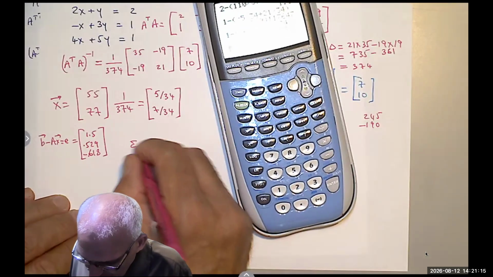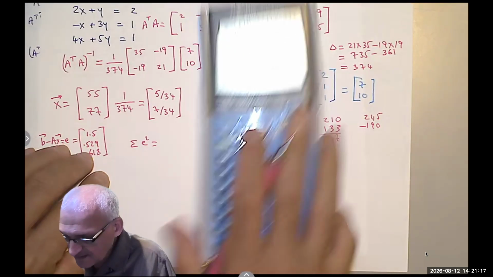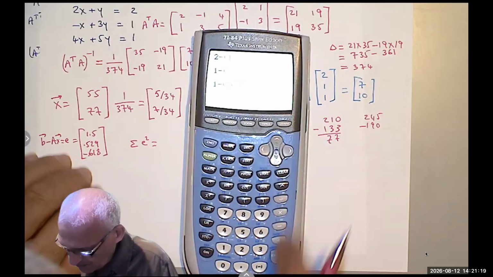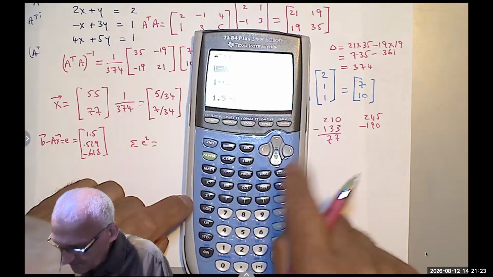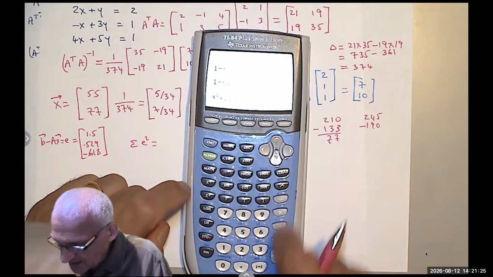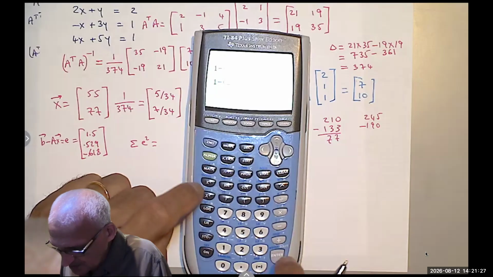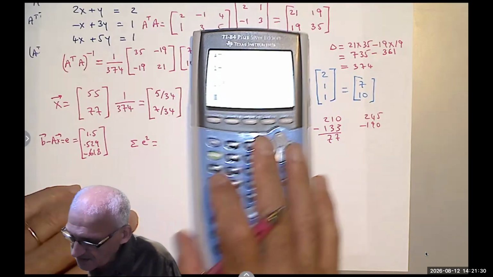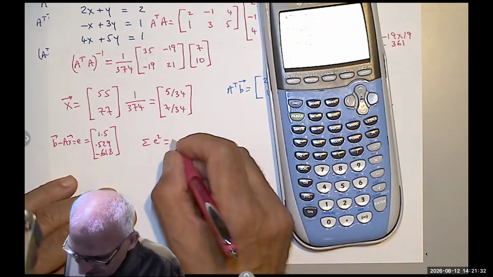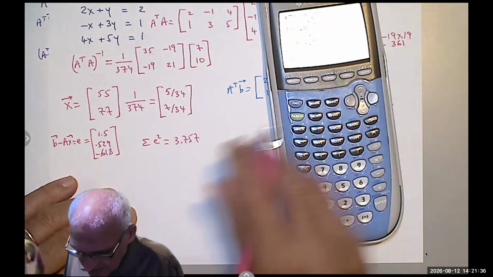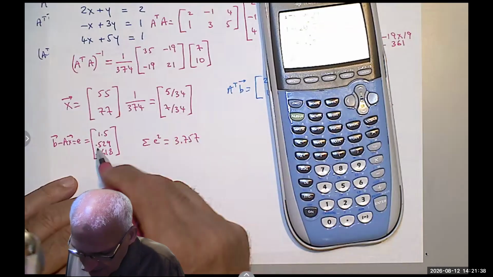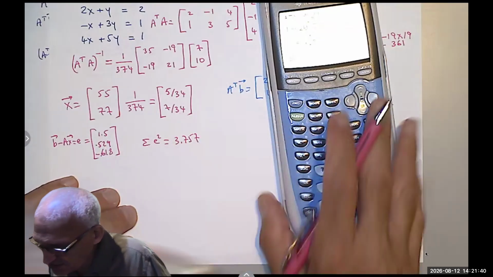So the sum of E square is 1.5 square plus 0.529 square plus 0.618 square equals 3.757. No, see, that's impossible. That cannot be even 3.